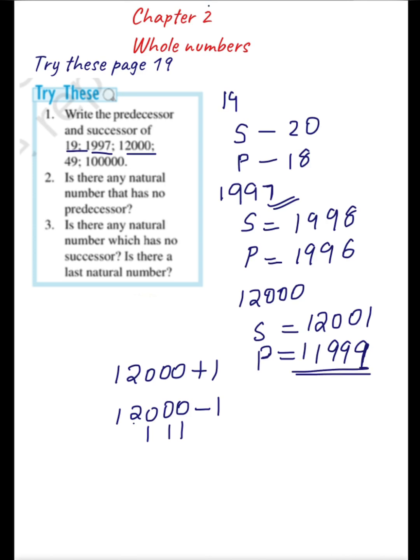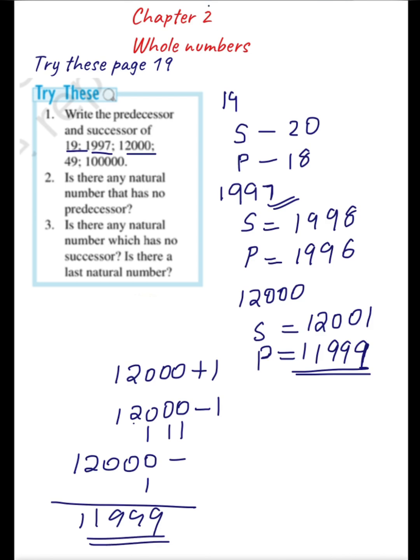So that your answer will be 11,999. Understand? If you are subtracting it in the usual way, then also you will get the same number. But even before subtracting itself you can just write it in this way.